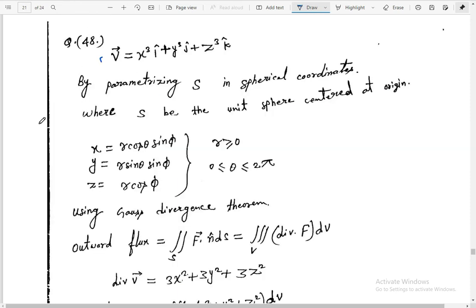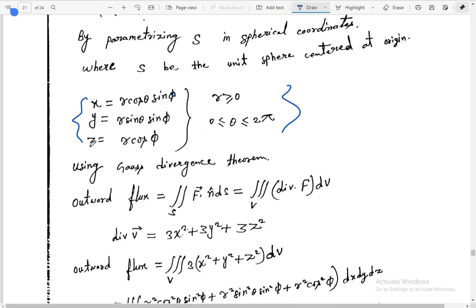So by parameterizing S in spherical coordinates, where S is the unit sphere centered at the origin, we can find x equal to r cos theta sin phi, y equal to r sin theta sin phi, z equal to r cos phi, where r is greater than or equal to 0. When we convert x, y, z into spherical coordinates, we will have these three conditions.